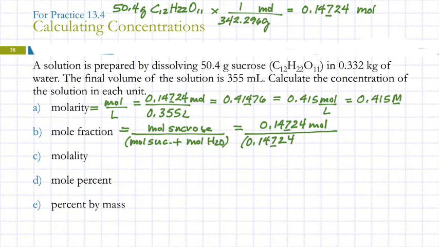The blue stripe is very decorative, but I need space. So they gave me 0.332 kilograms of water. Well, we could convert that by writing what kilo means instead of the kilo. Kilo means times 10 to the third, and then grams of water.